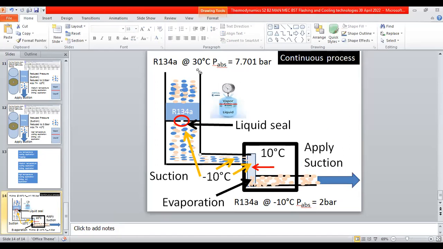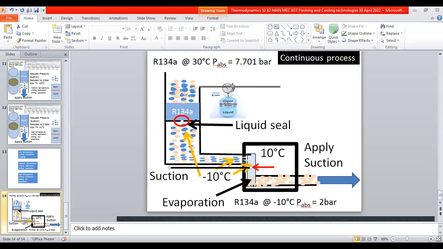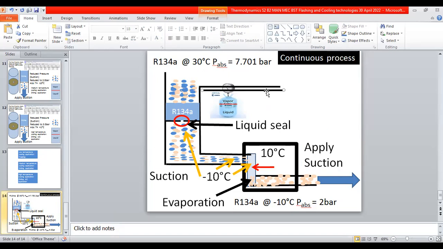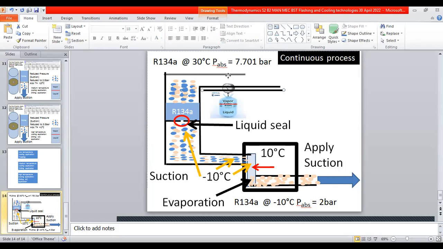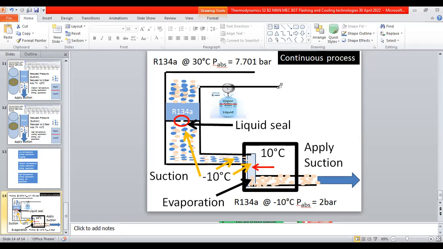After that, continuous suction. So you must have a device to suck this, and for continuous operation, suck this and pump back to high pressure.